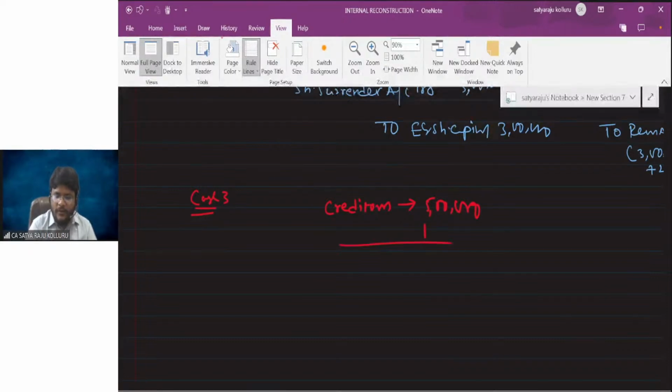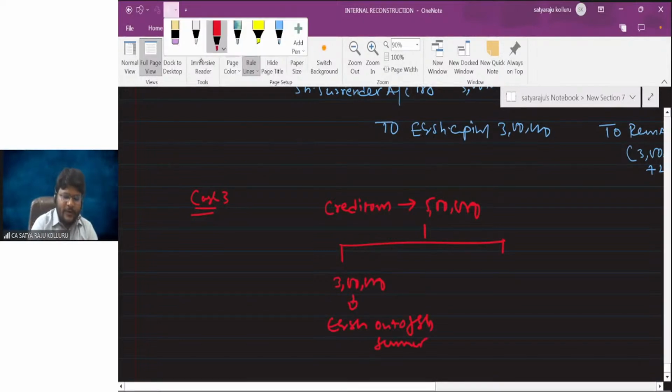Still I have creditors with me 5 lakhs. Now the issue is, out of this 5 lakhs, creditors are expecting 3 lakhs. For the 3 lakhs, I'm issuing equity shares out of share surrender.